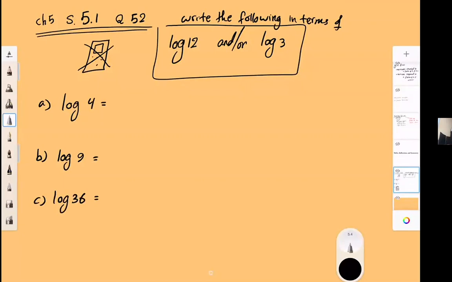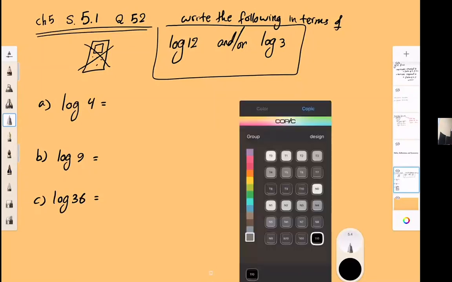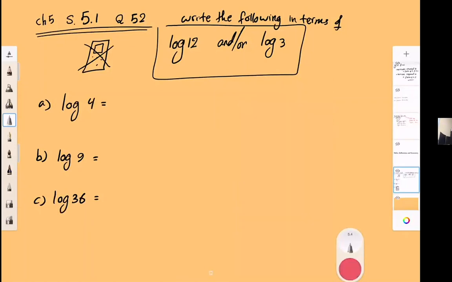All right. I believe I solved a very similar question in one of the videos on YouTube. That was for log of 4 and log of 3, but this is log of 12 and log of 3. So log of 4, the base is 10, we can easily use the calculator.